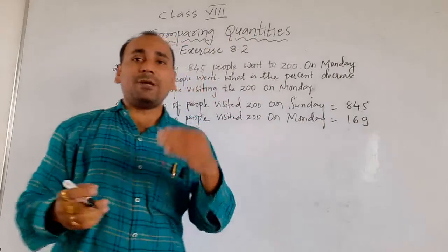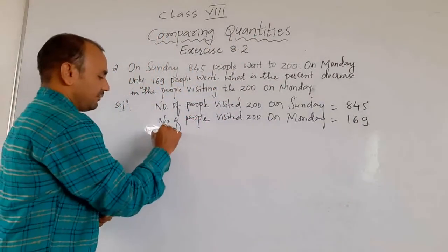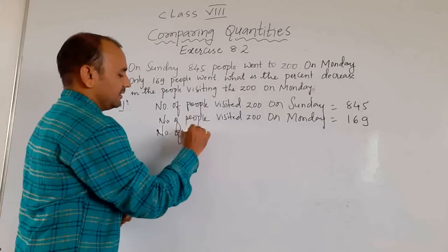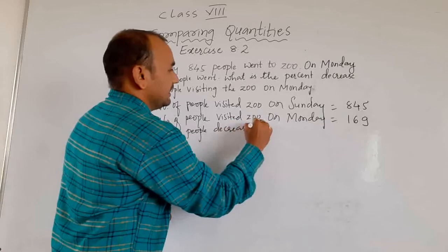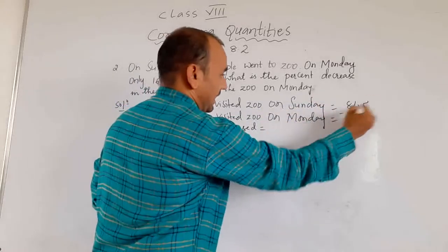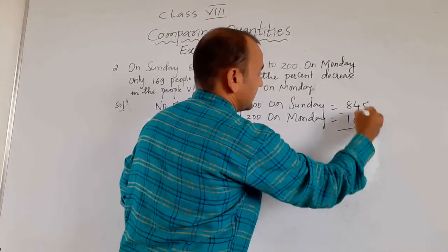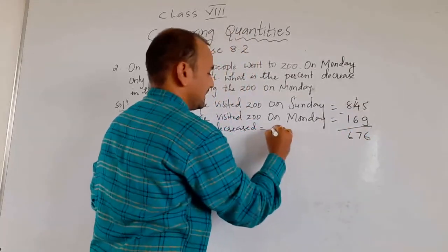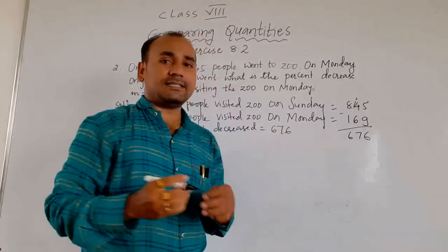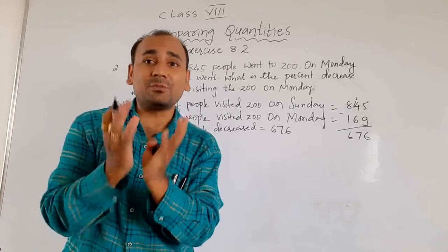So how many people have decreased? That we need to identify. Number of people decreased is equal to 845 minus 169. Let us subtract: 15 minus 9 is 6, 13 minus 6 is 7, and 7 minus 1 is 6. We get 676. So 676 people have decreased comparing Sunday to Monday.